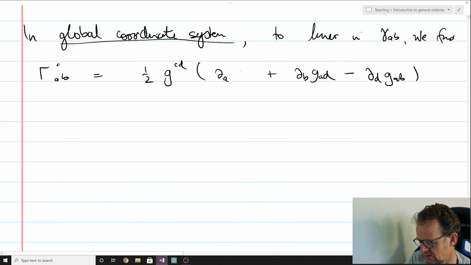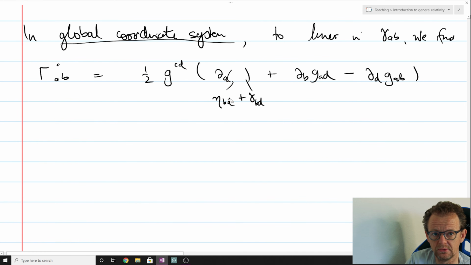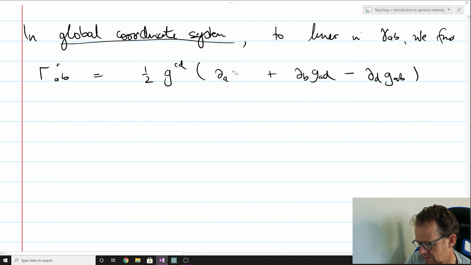So we can erase G, and I'll just do that right now. We get eta BD plus gamma BD, right? That's what G is. But the derivative of the flat metric is 0 because it's just a constant. So actually, to linear order, dG vanishes and we just get gammas instead.